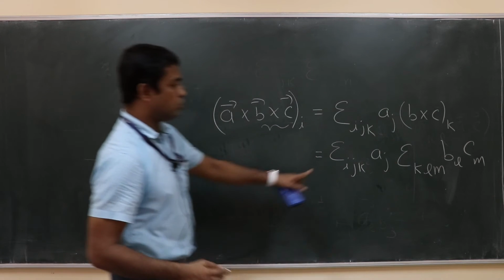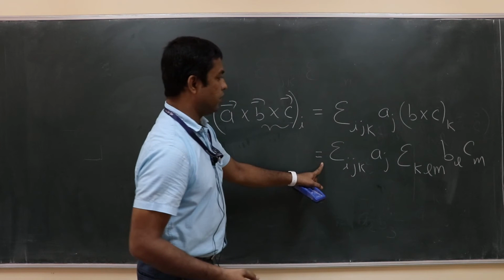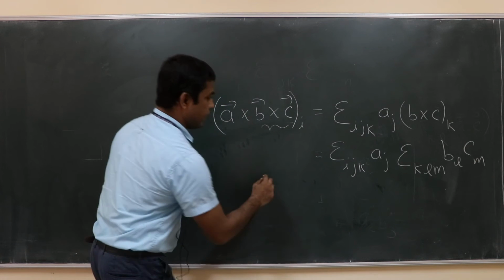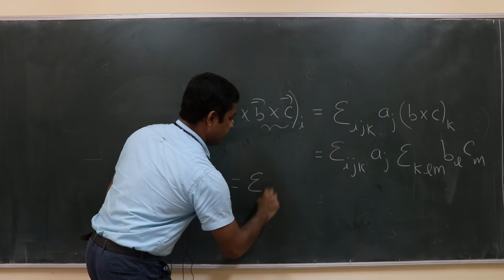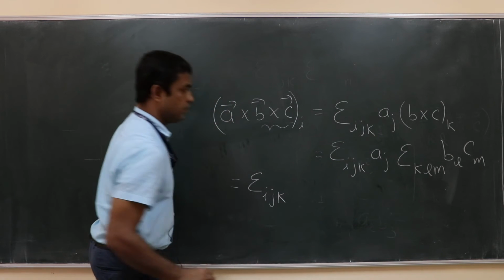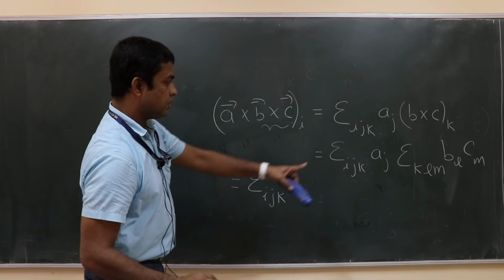Now I have two epsilons coming into the picture. Epsilon ijk and epsilon klm, k is common.